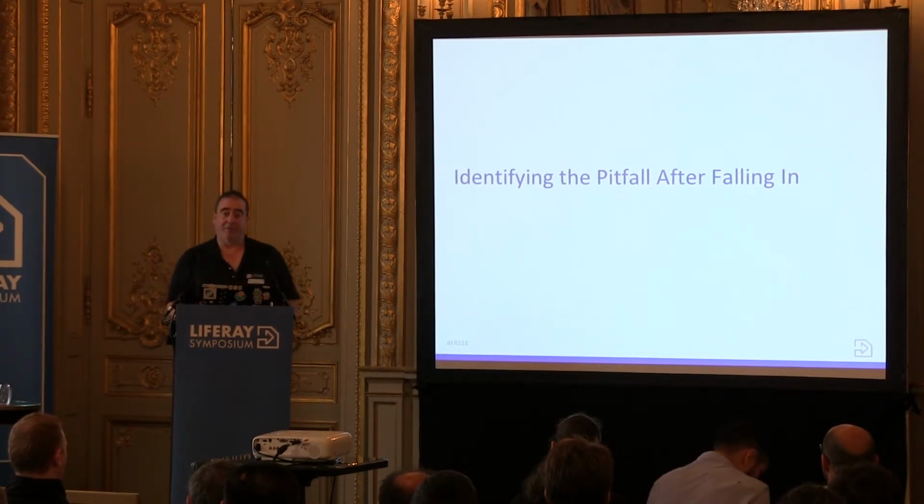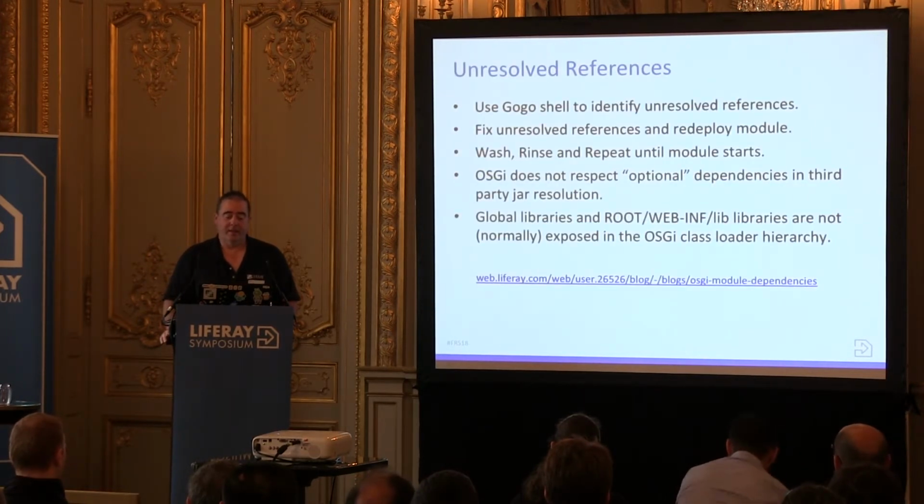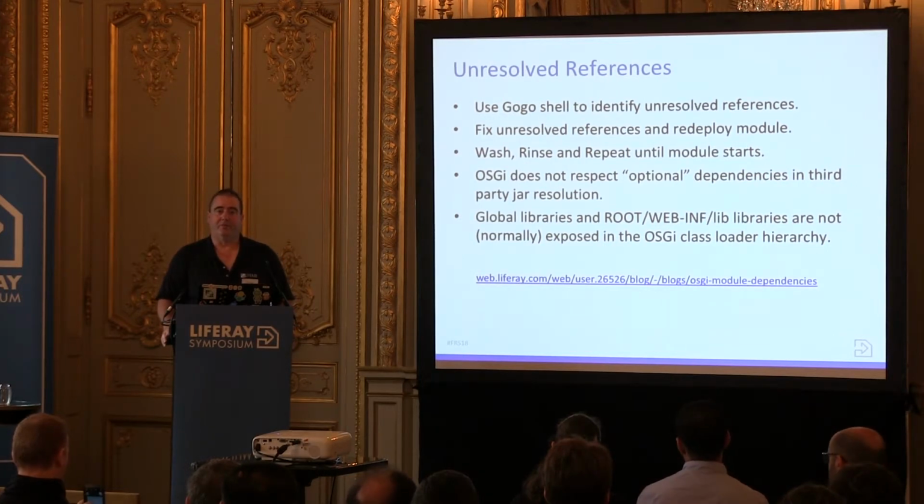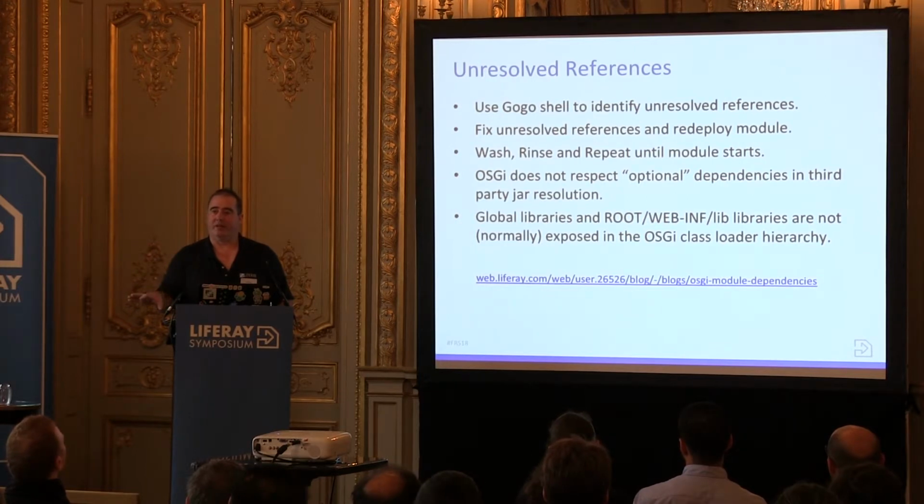Identifying the pitfalls after you've fallen in. So this is a fun one, the unresolved references. You build your module, you push it out into OSGi, and nothing, it's not there. You drop into Gogo and you see what's going on with your bundle, you try to start it, and it says unresolved reference to XYZ.